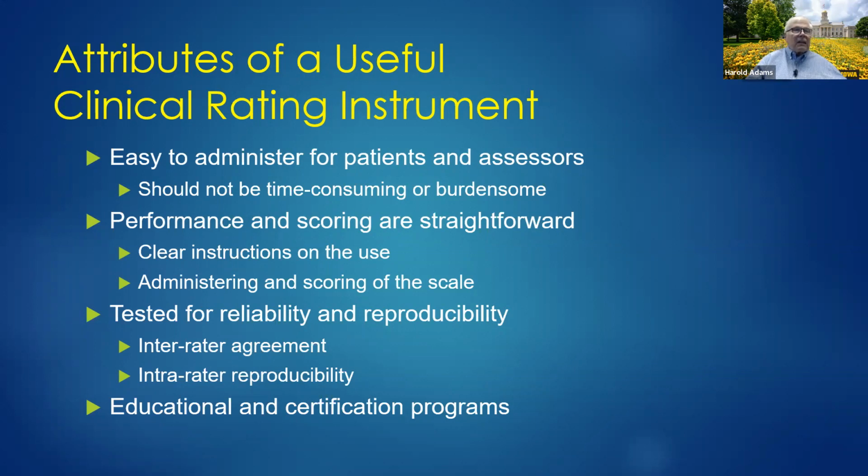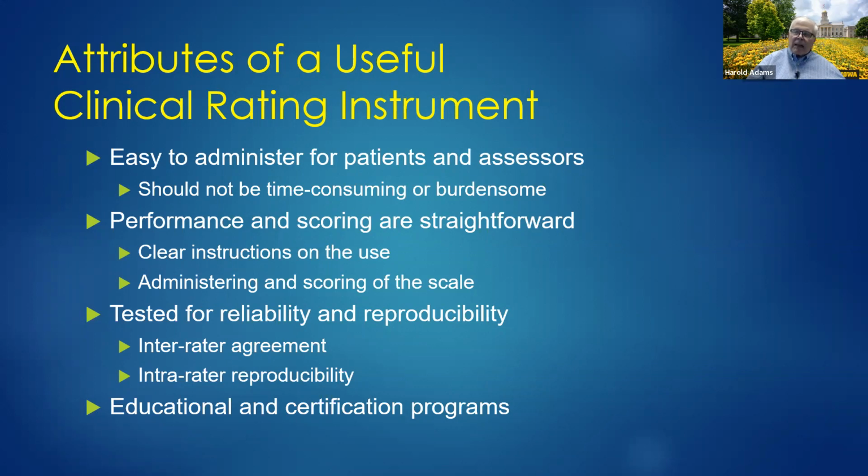We need to have clear and straightforward definitions and instructions on how to do it. The scale has to be reliable and reproducible. It means that if 2 raters assess the patient at the same time, hopefully their score will be relatively close.